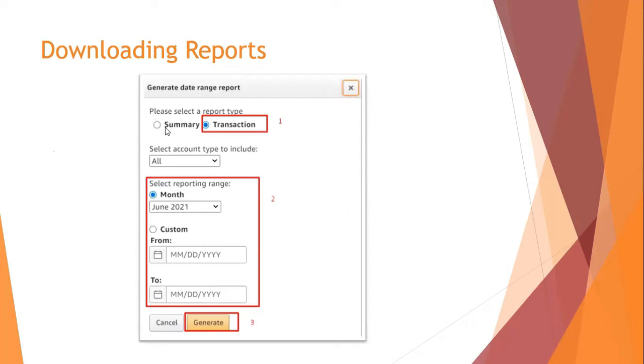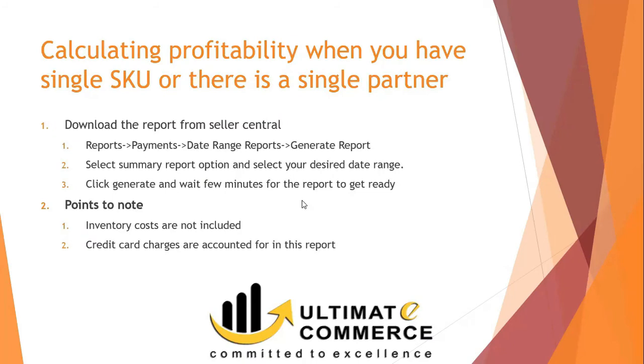If you have a single business, if you have a single SKU or you are the only partner, then click summary report. Select your date range. Maybe you are calculating the profit for 1 month or for 1 quarter or for the whole year. So select your desired range and click generate report. Now you have to wait a few minutes. Amazon will prepare the report for you, and after that you can download it.